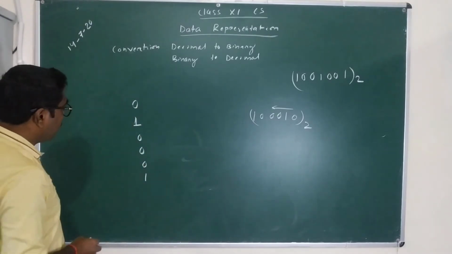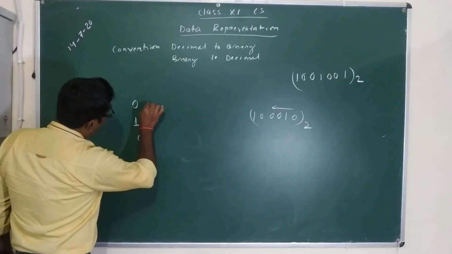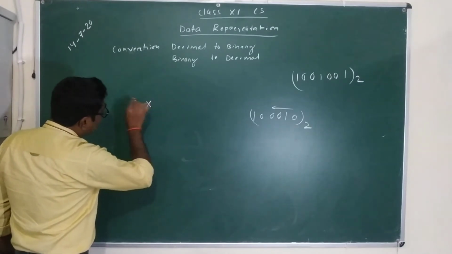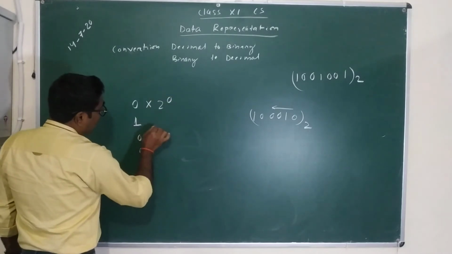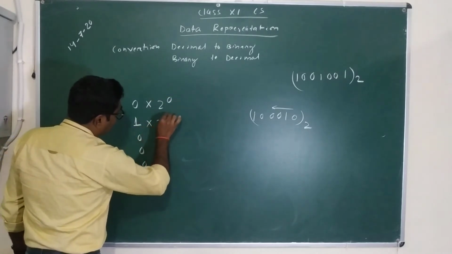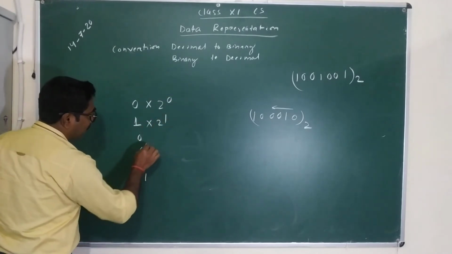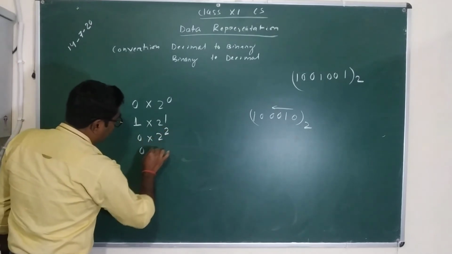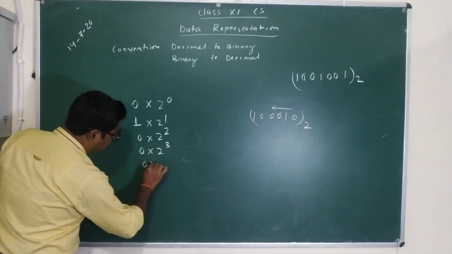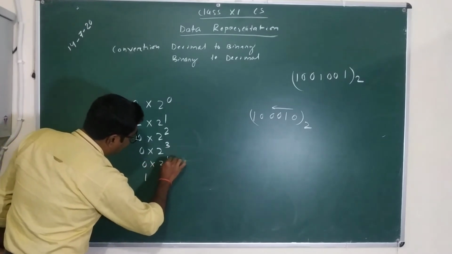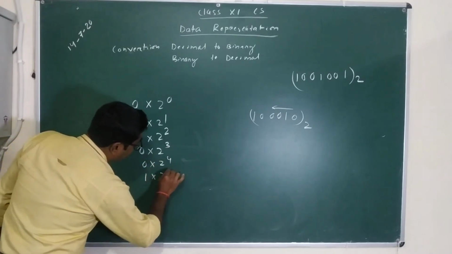Okay. So write down the multiplication with the exponent of 2: 0 into 2 to the power 0, 1 into 2 to the power 1, 0 into 2 to the power 2, 0 into 2 to the power 3, 0 into 2 to the power 4, 1 into 2 to the power 5.